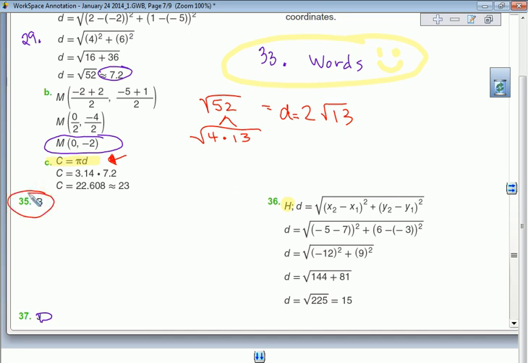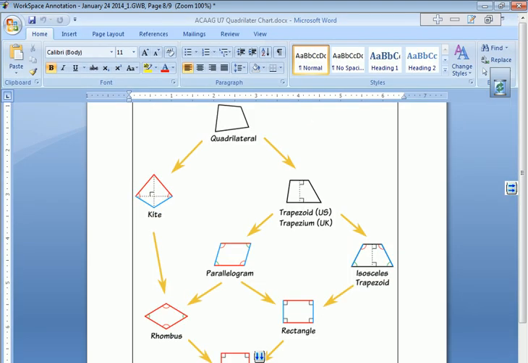All right. So 35 is B, 36 is H, and 37 is D. How'd you do on those? Got them? All right. Let's move on. Today, we are not learning a new concept. We are applying the concepts we know to things we've already learned. First thing we're going to do is complete the graphic organizer on quadrilaterals.